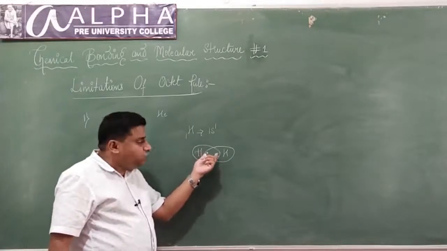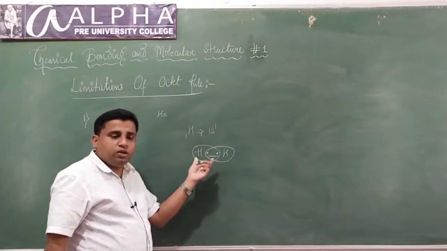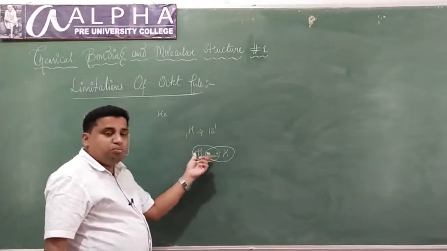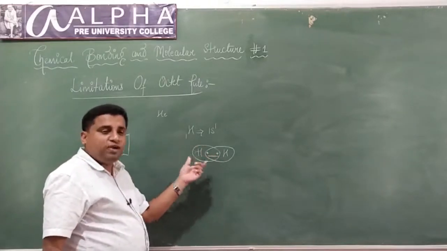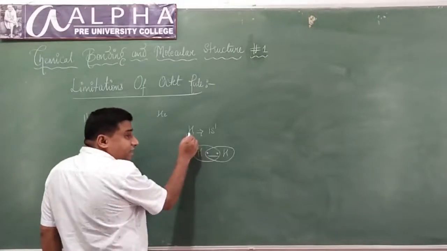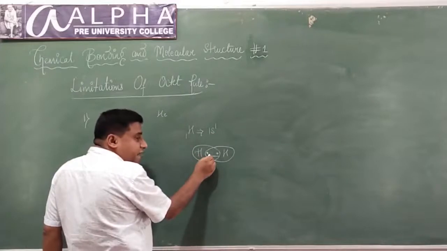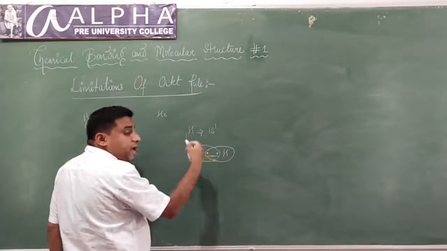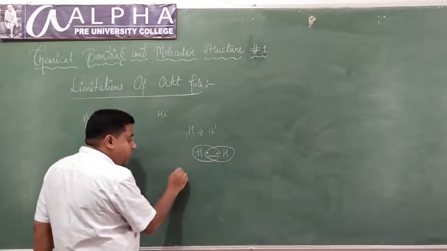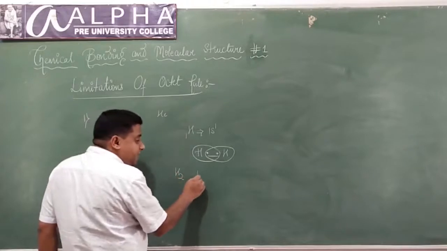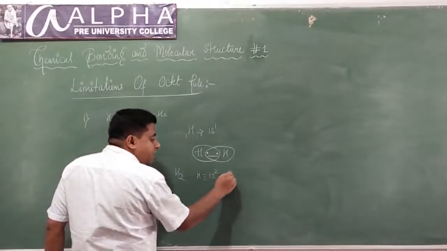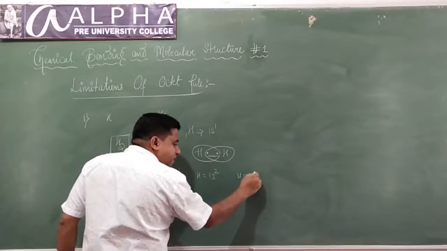Earlier a hydrogen atom had 1 electron; now in the hydrogen molecule each hydrogen has 2 electrons.